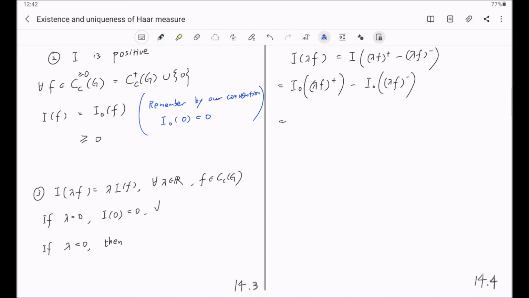Let's plug in the definition for the positive part and negative part to see what happens. This will give you absolute value of lambda f plus lambda f divided by 2 minus lambda f minus absolute value of lambda f divided by 2.